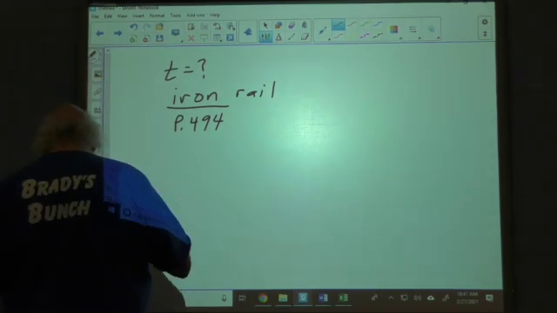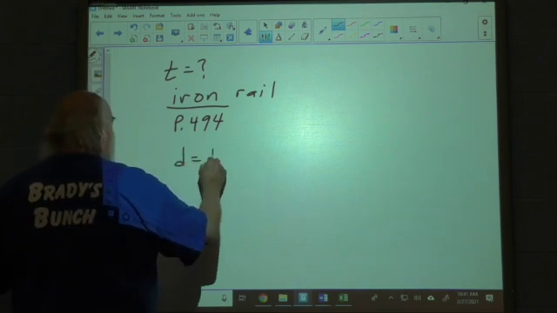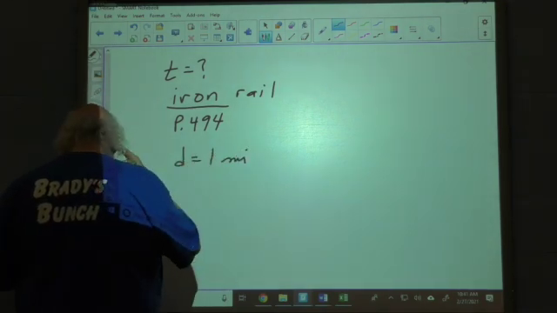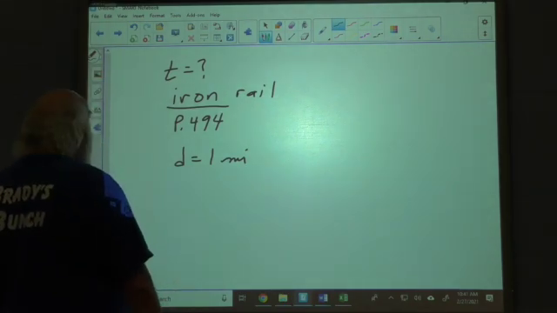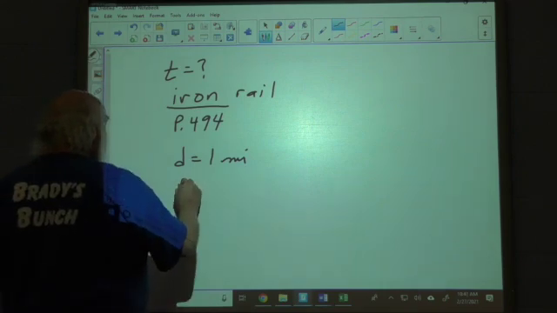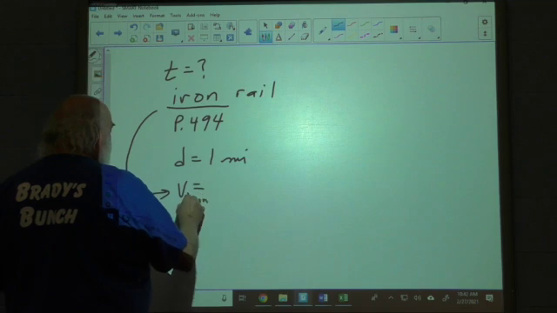Okay, and we'll get back to that in just a little bit. So we know the distance is 1 mile, and we want to figure out the time from that. So we need to find the velocity, the velocity of iron.